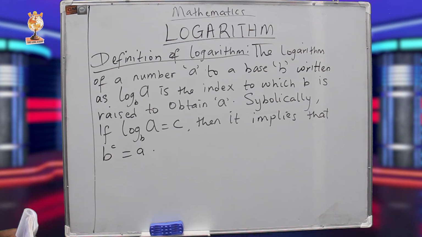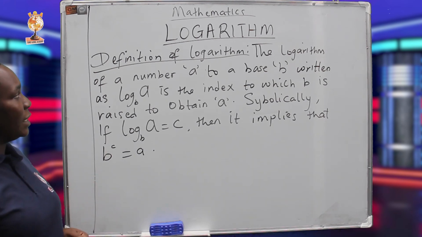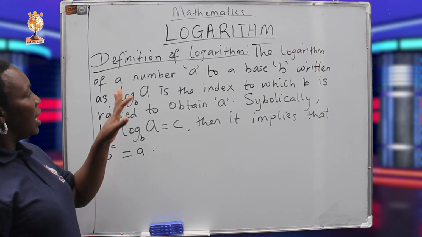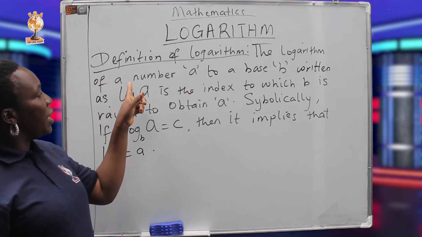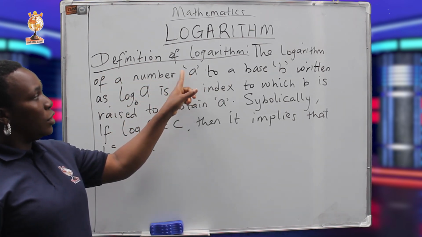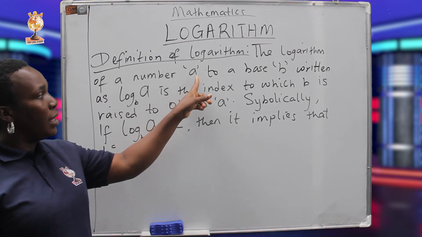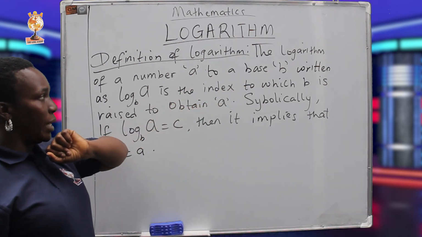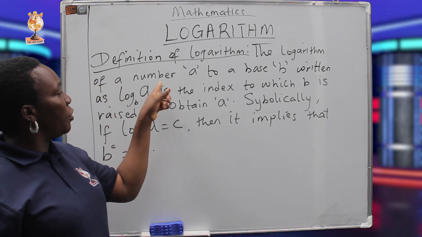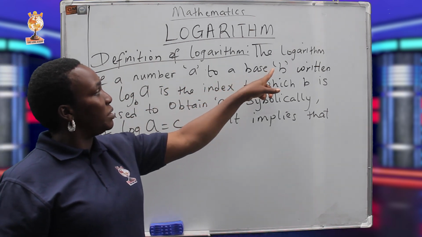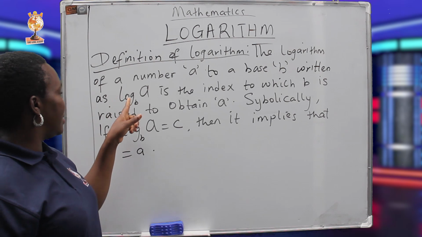All right. So let's look at the definition of logarithm. It said the logarithm of a number a. So this a is representing a number, the b is also representing a number, okay? So the logarithm of a number a to a base b is written as this.